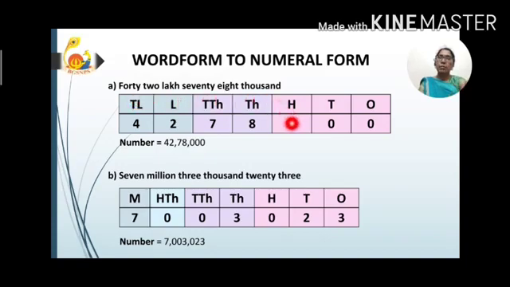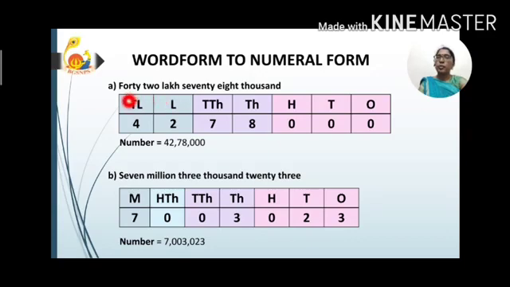42 lakh 78,000. The main important thing when you are reading, because you have to draw the placement box: there are two types of placement boxes, Indian system and international system. For that, first you have to identify which is the Indian system or which is the international system. So while reading you have to identify the periods.